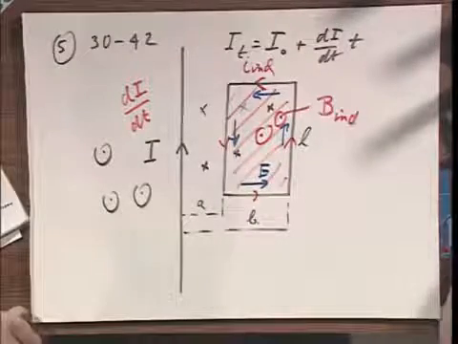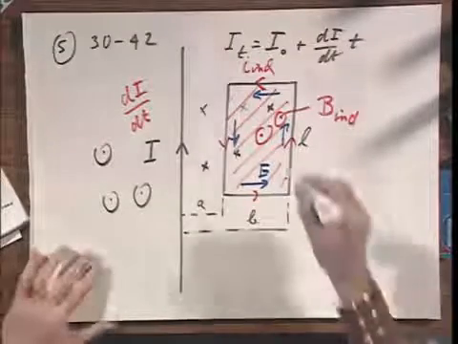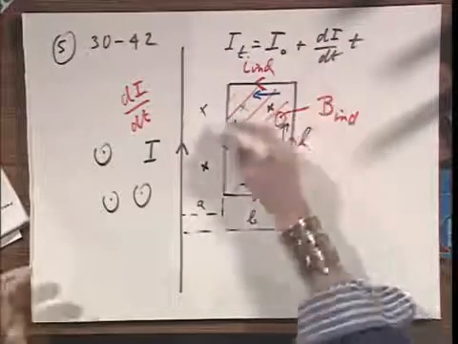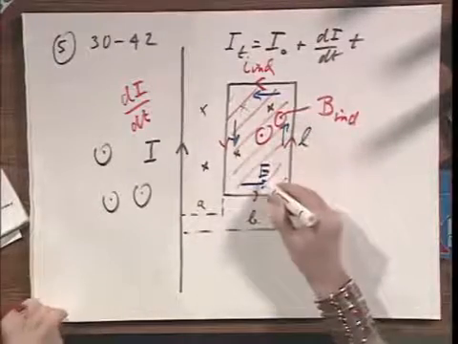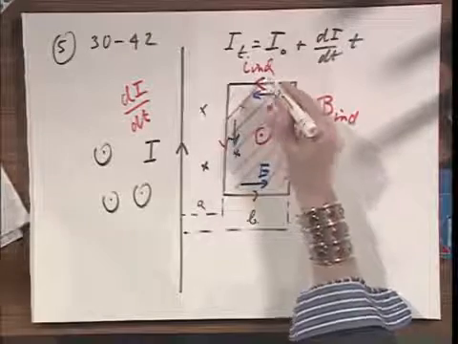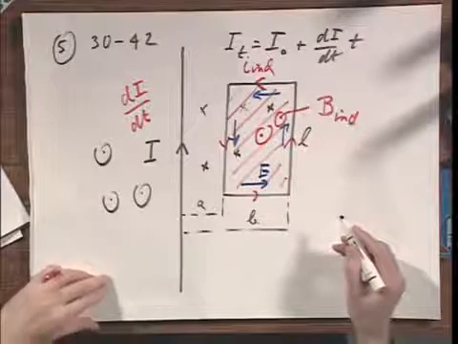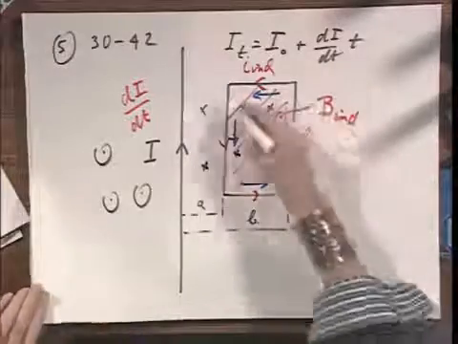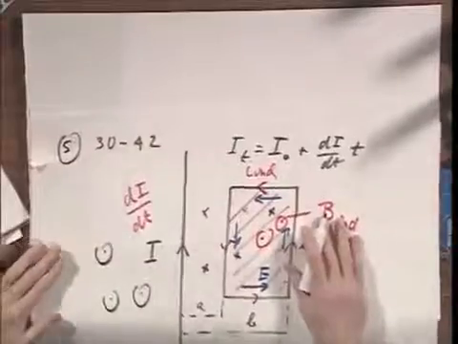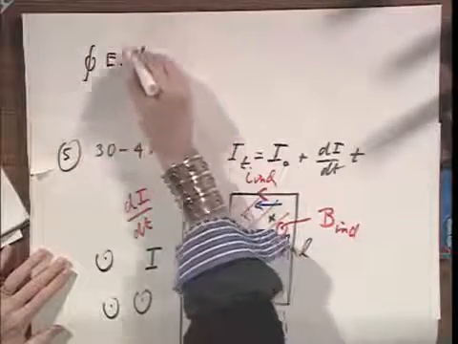Now, how are you going to go about it? The growing magnetic field will give a growing flux through this surface, and that gives you then a counterclockwise induced current. To calculate the change of the magnetic flux, we have the closed loop integral of E dot dl.